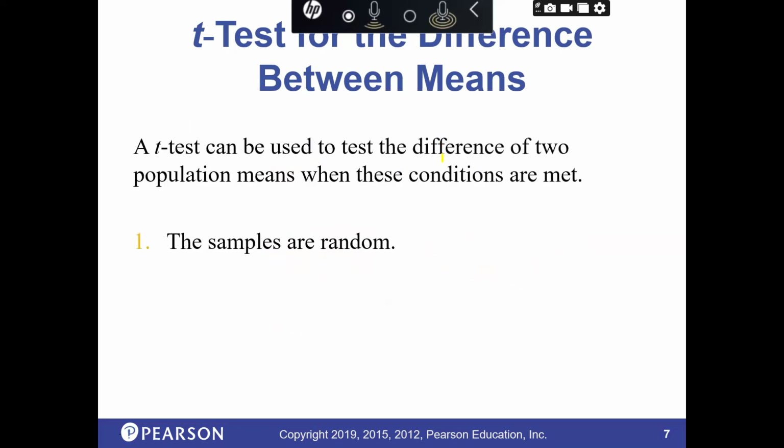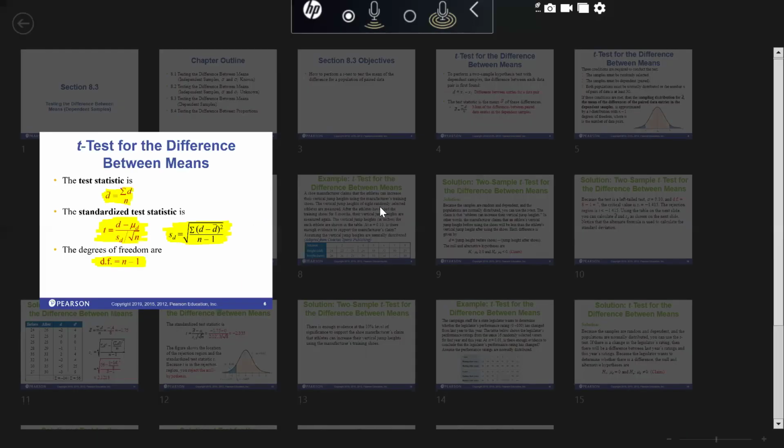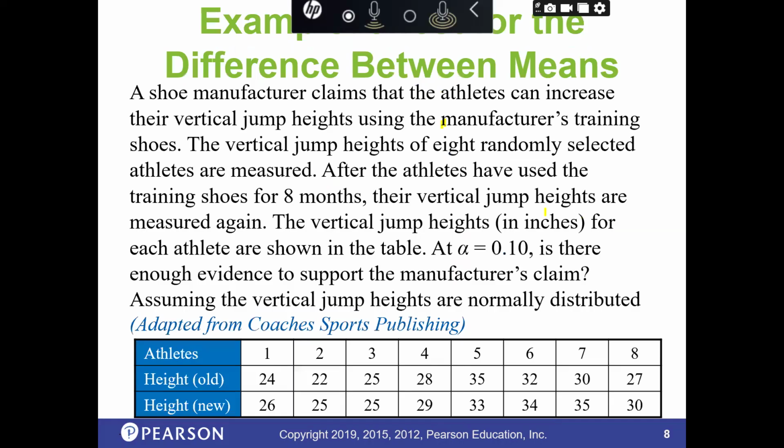So here's what we have: a shoe manufacturer. Here it is. It claims that athletes can increase their vertical jump after training in their shoes for a while. This is the example, and you don't need to write down all of it. The next slide is actually going to give me the details, so don't write it down yet.